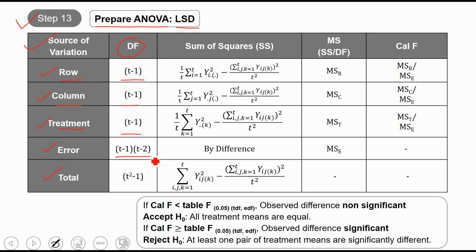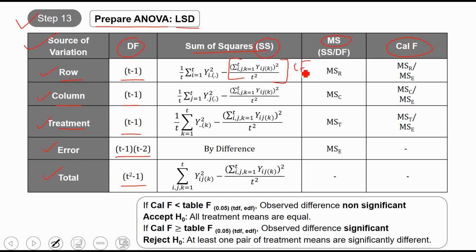For total, it is t square minus 1. The sum of squares SS, MS and calculated F can be computed using the formula discussed in previous steps. Or you can calculate it using the formula given here in this table. Here, this term stands for correction factor.